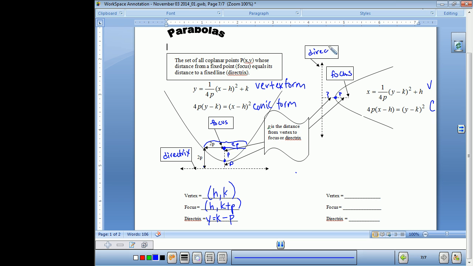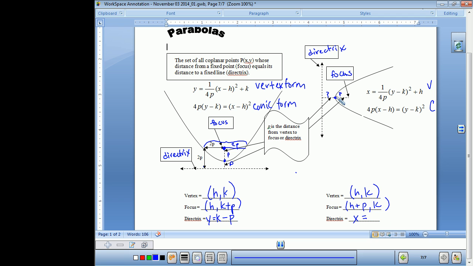Now, with a parabola that opens this way, our directrix is a vertical line, and a vertical line is x equals. Our vertex is still (h, k). For our focus, we are moving left and right this time, so we're adding P to h, since we're moving to the right. When we were moving up and down, we added it to the y; here we add it to the x.